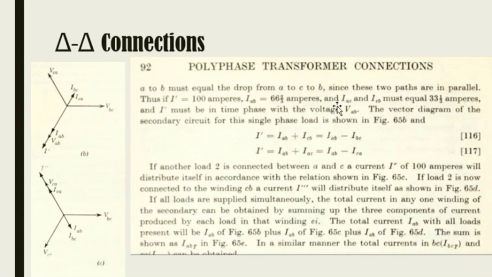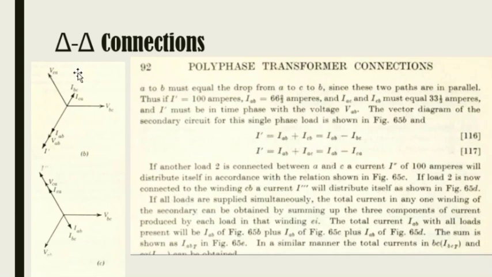Also, IAB minus IBC: again 66 2/3 amperes, but this time since it is minus IBC, this 33 and 1/3 amperes will equal negative 33 and 1/3. This will also result in 100 amperes, which is true. Same goes for this one.